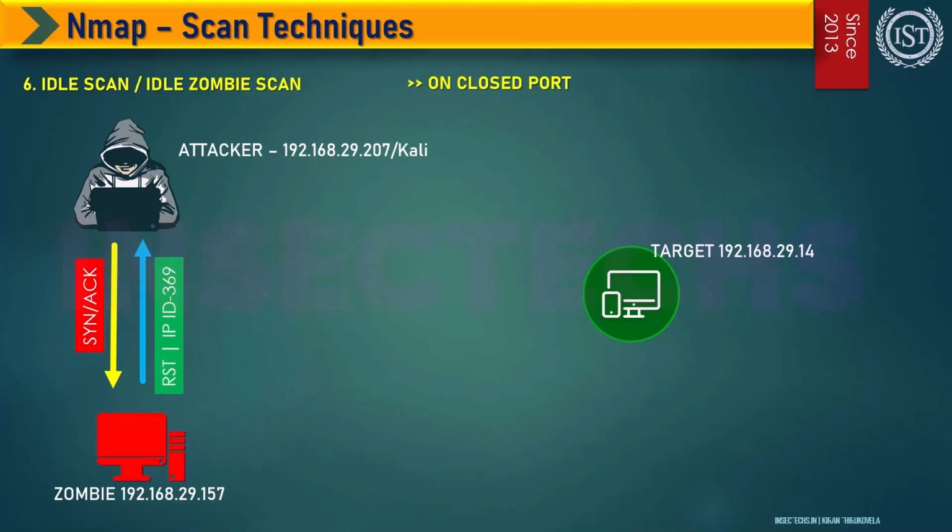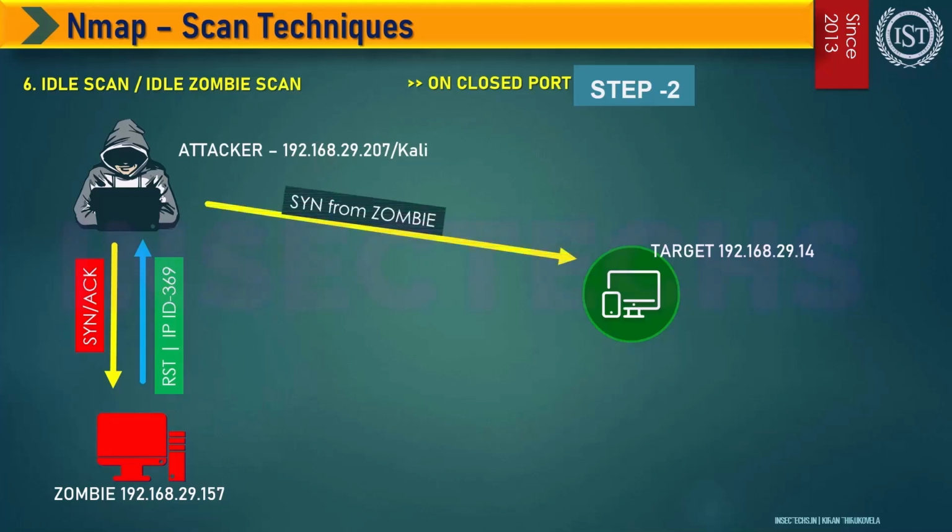Now step 2 is that the attacker will send a forged packet of the zombie with the SYN flag enabled to the target machine. Since the port is closed on the target machine, for example port 80 or any other port, the machine will respond to the zombie machine with a reset flag enabled in its packet. So the zombie received a reset flag and it will do nothing.